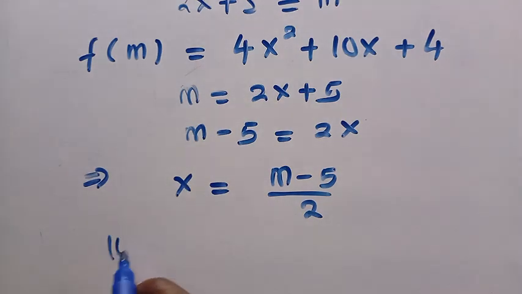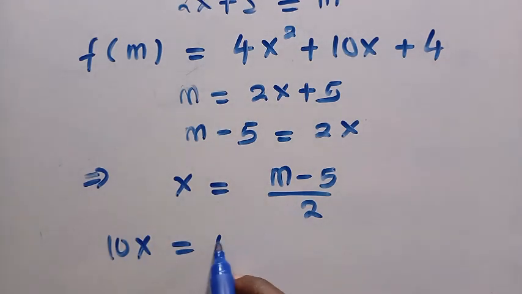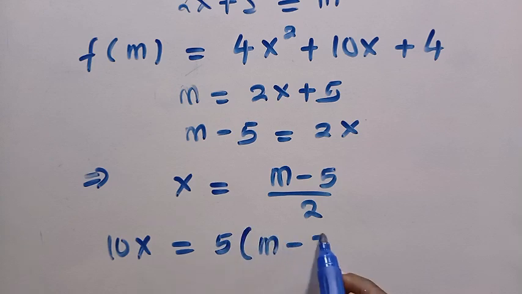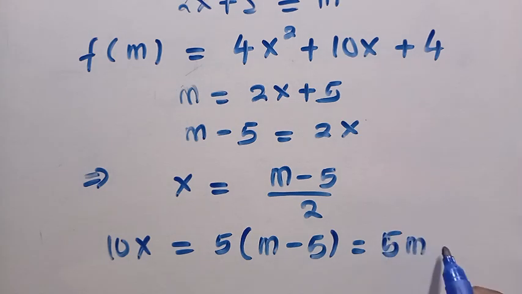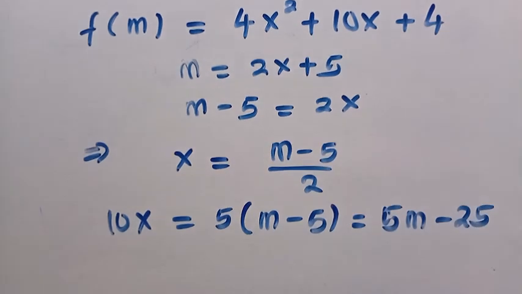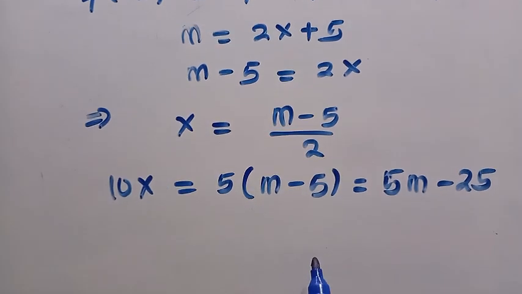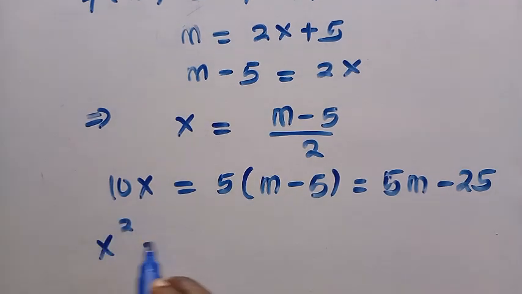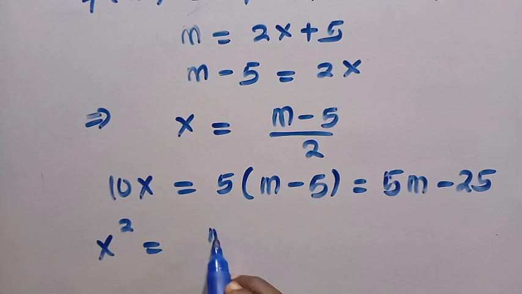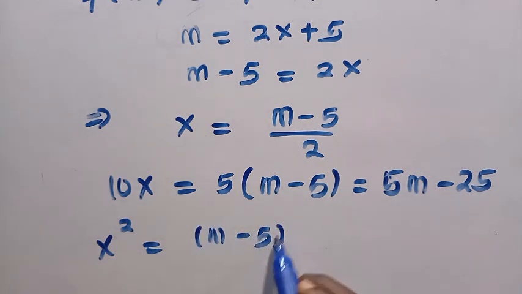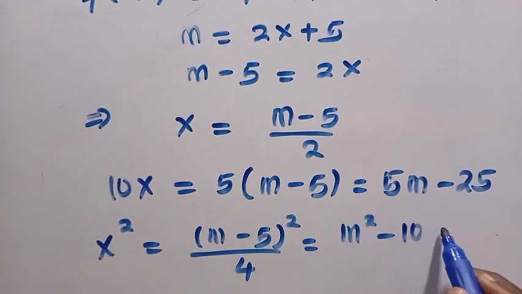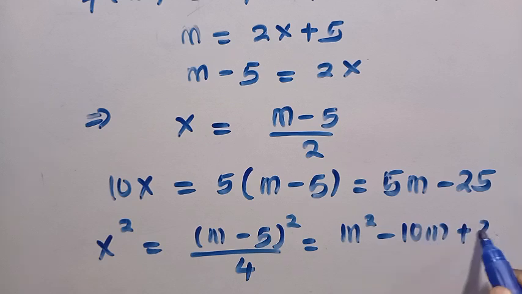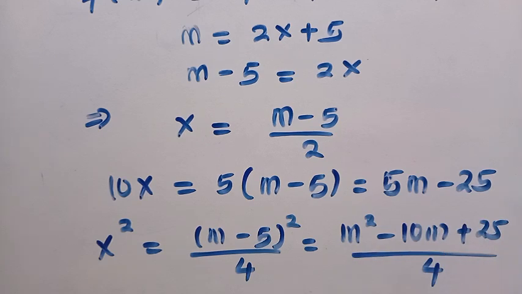If I multiply this one by 10, we have this as 5 into bracket of m minus 5, which equals 5m minus 25. And also I need x squared, so for x squared here, we have that m minus 5 squared divided by 4. So m minus 5 squared is given as m squared minus 10m plus 25, divided by 4.